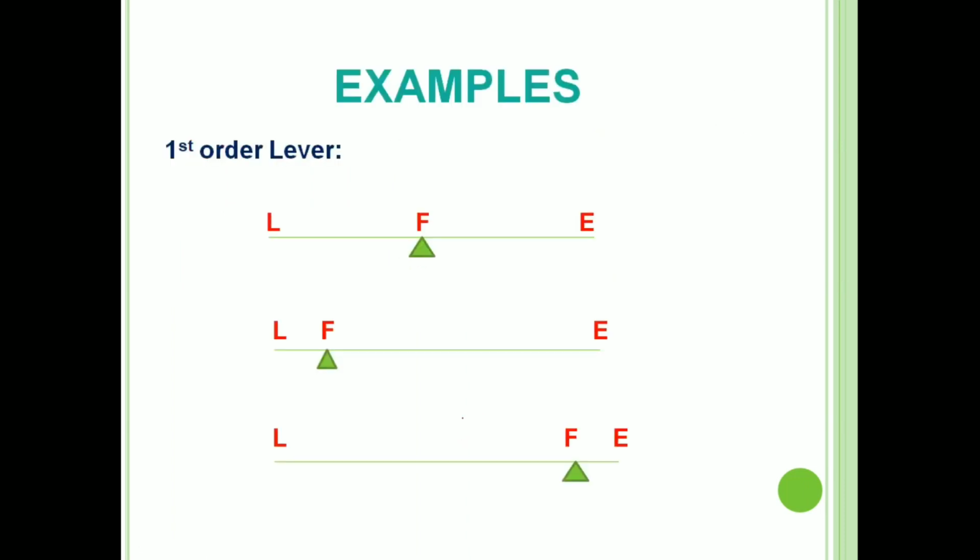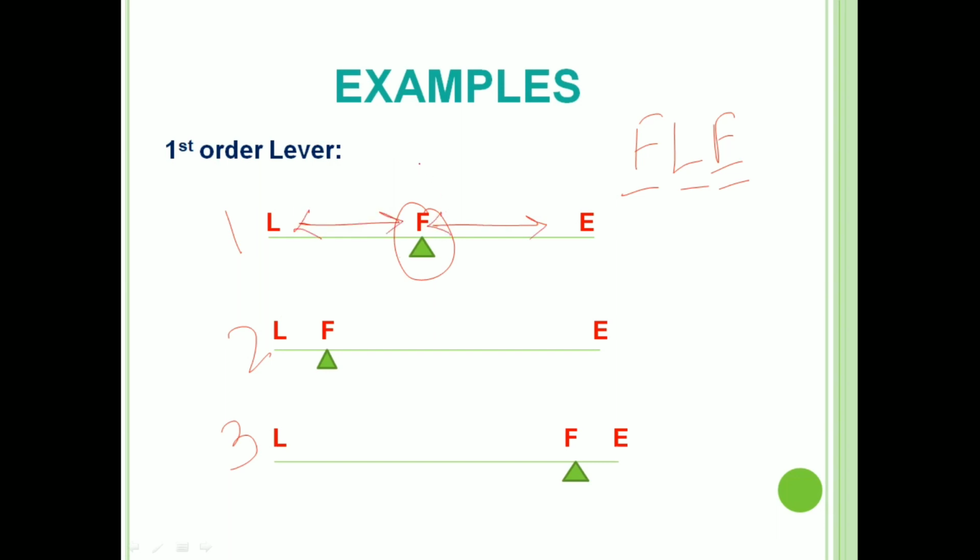Now through examples. In first order lever we can have 3 scenarios. As we know the mnemonic: FLE, fulcrum, load and effort. This is the first scenario, second and third. In the first scenario, the fulcrum is exactly in the center, meaning the effort arm and the load arm are equal.